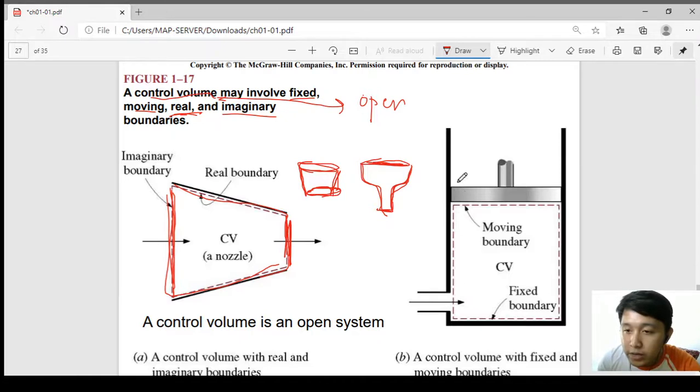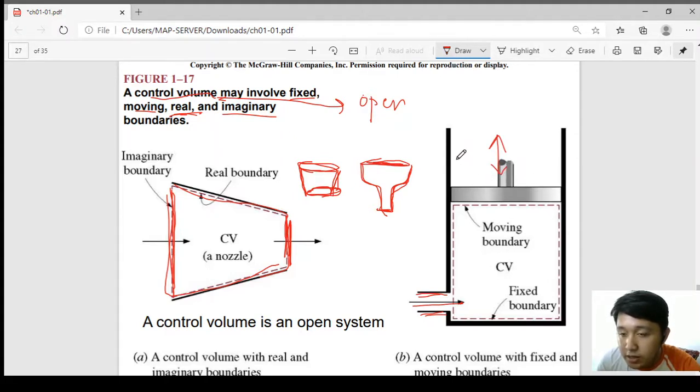So this is an example of a piston with an opening. We have the moving boundary since it goes up and down, because it controls the volume. So the volume is not fixed.